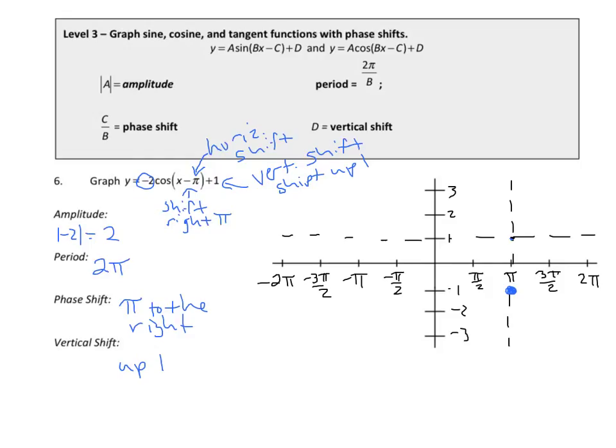And then from there, I'm going to go up to that dotted line I drew, and then up 2 units at 2 pi.